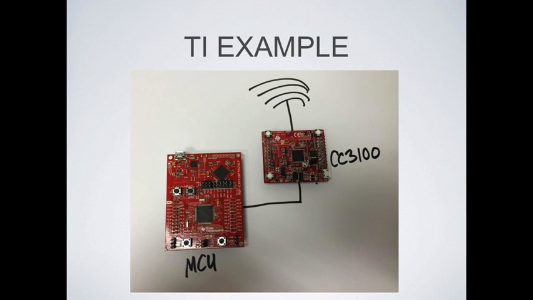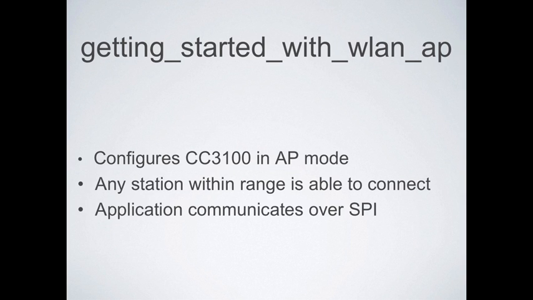What we want to do in this example is sniff the WPA key. I pulled the Getting Started with WLAN AP example out of the TI examples, and we configured the CC3100 to be in AP mode. This will allow any station within its range to connect to it. This implementation is using SPI to communicate with the CC3100.